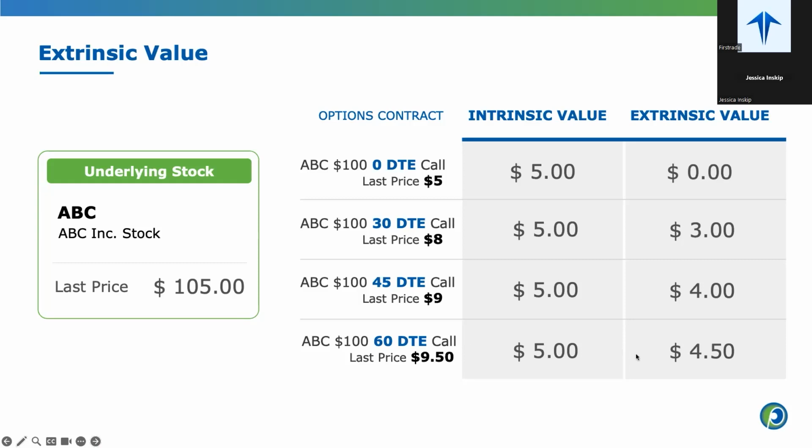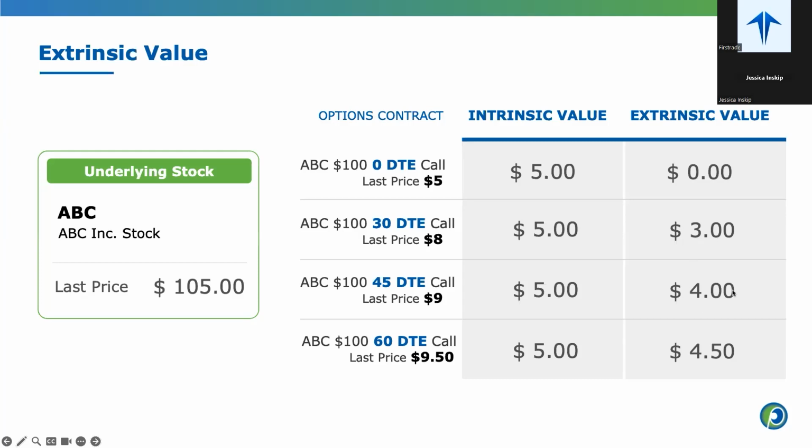We had 60 days until expiration, and the time value or extrinsic value component is $4.50. We lost a whole lot of time and got to $4. So we only lost 50 cents here. Move more time, only $3. So there is a larger width here than here and here.